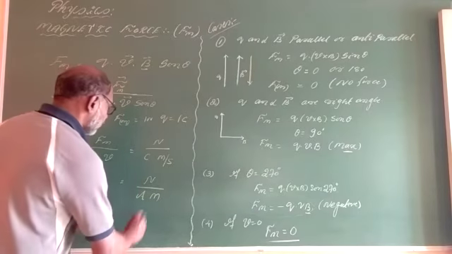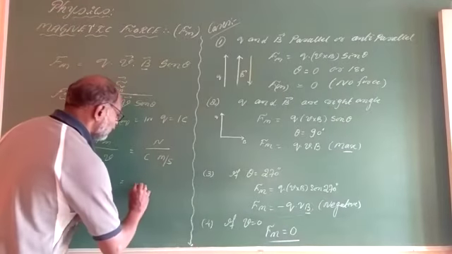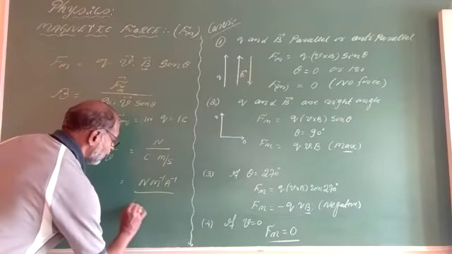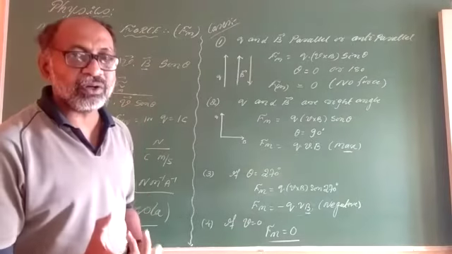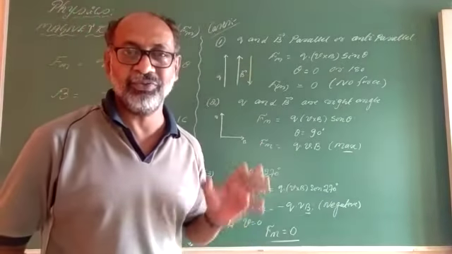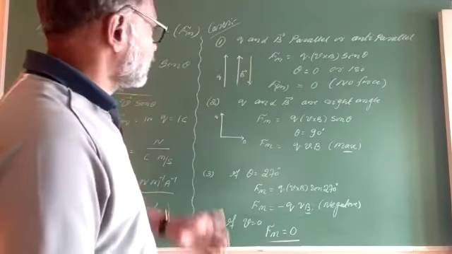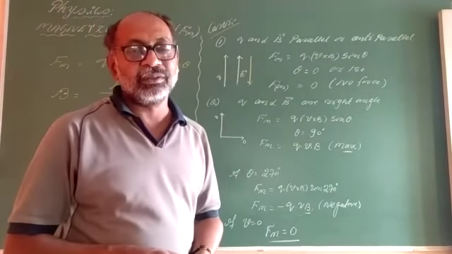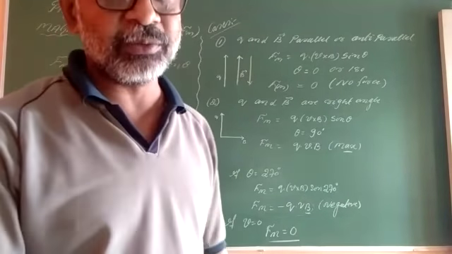So I can say Newton per ampere per meter. This is nothing but Tesla. Tesla is the unit of the magnetic field. So this is all about the magnetic force and the unit for the magnetic field. Thank you for watching the videos. Thank you very much.